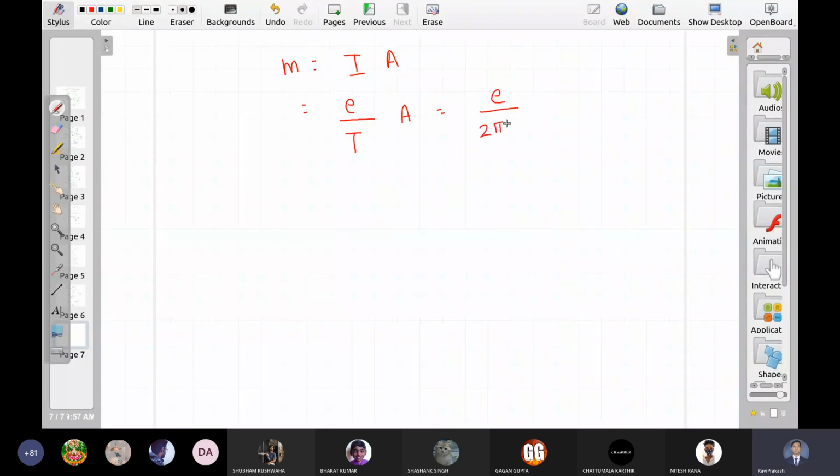It is traveling 2 pi r distance with speed v. Area is pi r square. So it is e v r upon 2. Or e r square omega upon 2. So this is the magnetic moment.